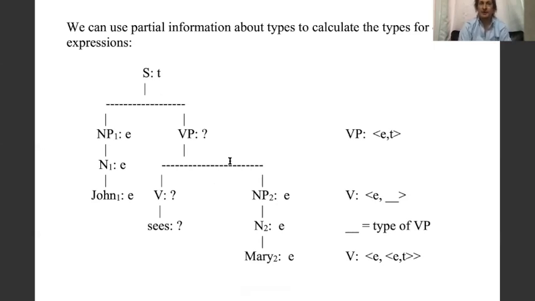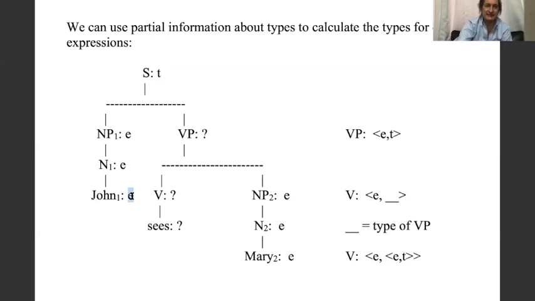Now, we can use partial information about types to calculate the types for other expressions that we might not know. So suppose that we didn't know yet what the meaning of sees was. But we knew that the sentence, John sees Mary, is a sentence. As a sentence, it's either true or false. Its type is T. And we know that John is an individual.